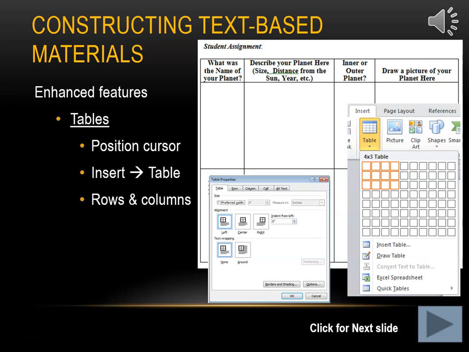So anything that you tell it to do, like let's say you wanted to left justify the text or you wanted to center it, you can do that for the table. If you only wanted to center a row, you can click on the tab for the row. Same with the column, same with an individual cell. So table properties offer you a number of features, including, as you can see down toward the OK button, borders and shading. So you can change these borders.